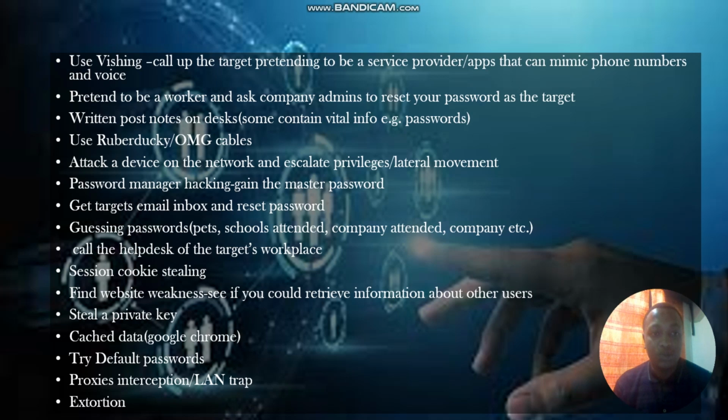Now, another way that we could do this is by escalating privileges, or lateral movement. What I mean by escalating privileges is that when you gain access to one account, you try your best to move to the admin level. Remember, the admin has all the rights and the power to either delete, distort, or change these records. So if you're able to escalate your privileges to admin level, then you'll have a sort of godly power when it comes to that specific network.